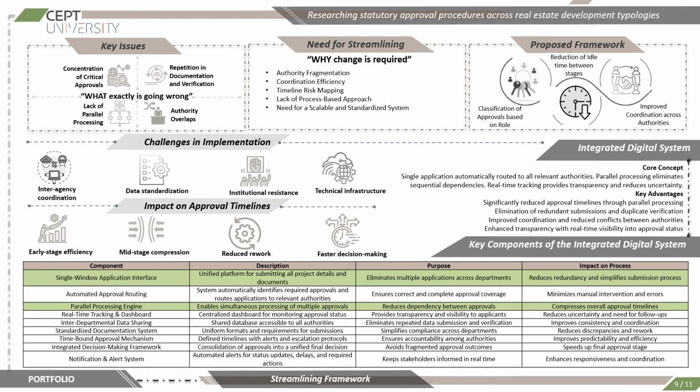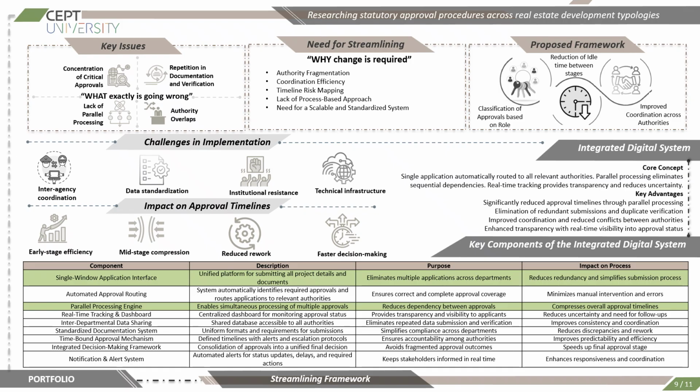These issues create inefficiencies because multiple departments often ask for similar information independently, increasing the redundancy and the rework. The need for streamlining arises mainly due to authority fragmentation, poor coordination efficiency, timeline risks, and the need for a standardized approval mechanism. To address these issues, the proposed framework focuses on three major improvements.